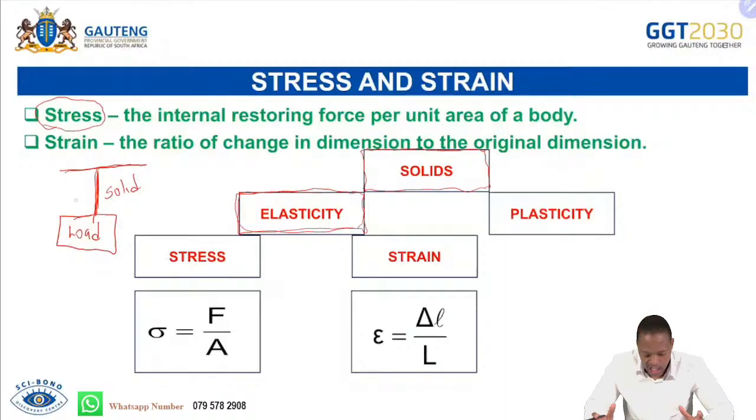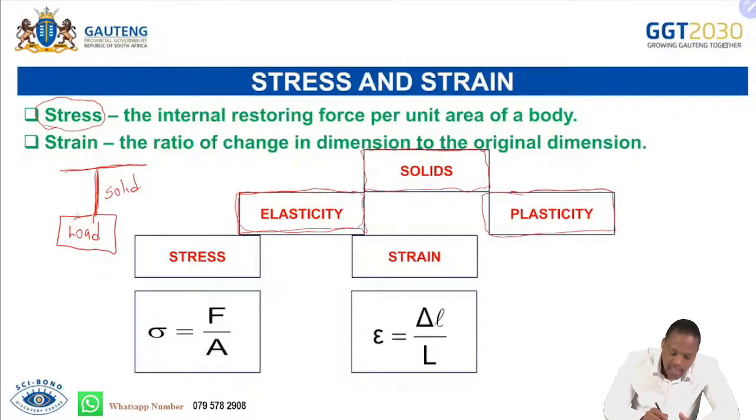To its original shape and what? And size. If the rod does not go back to its original shape and size, we will call the rod what? Plastic. But at the end of the day, whether it was elastic or plastic, by the mere fact that there is a force acting on it on a particular area, this rod experiences what?